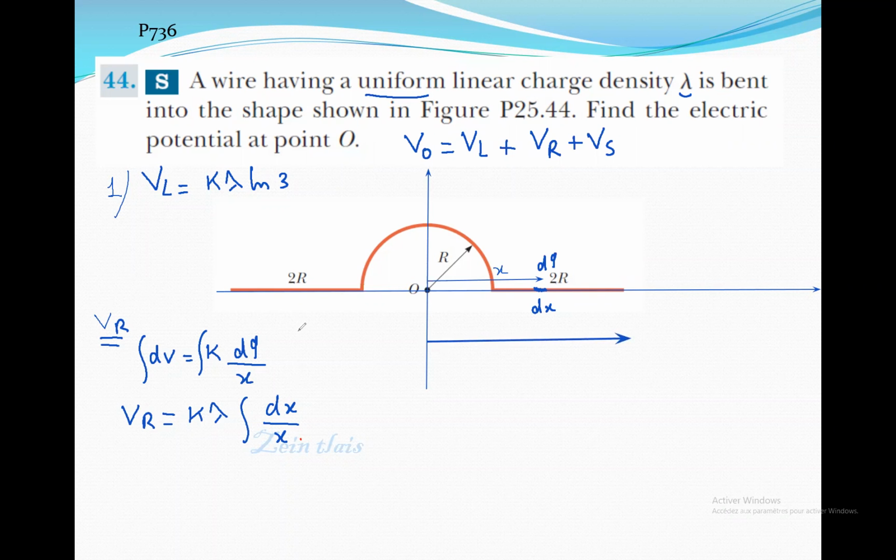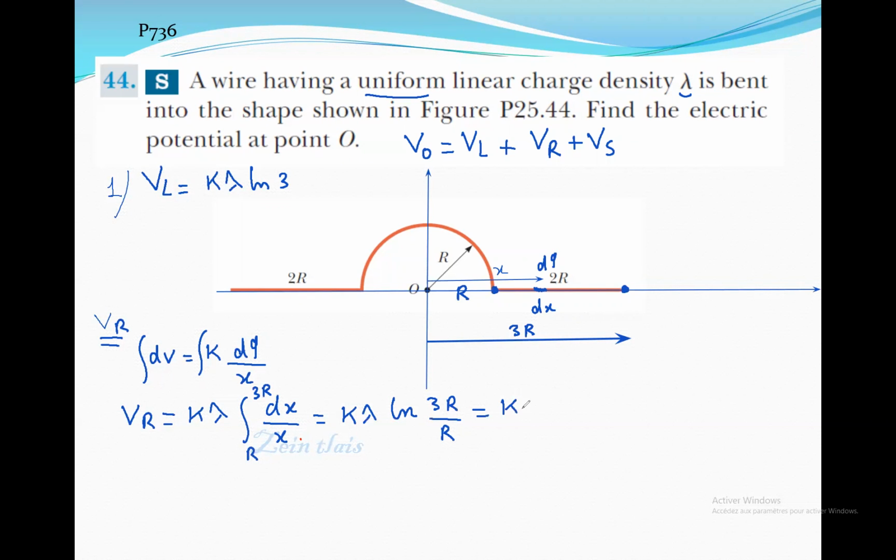Between R and 3R. Here we have R, and here we have 3R. Equals to k lambda ln 3R divided by R, okay?